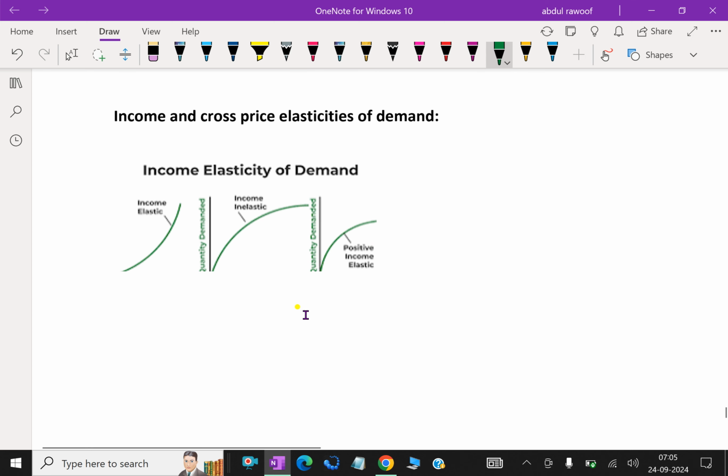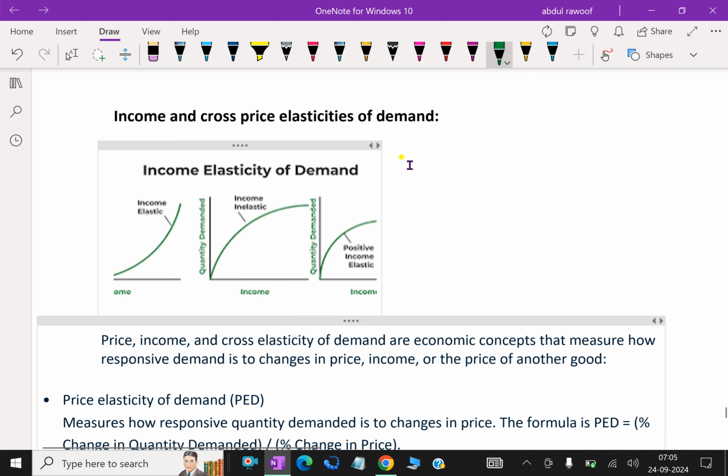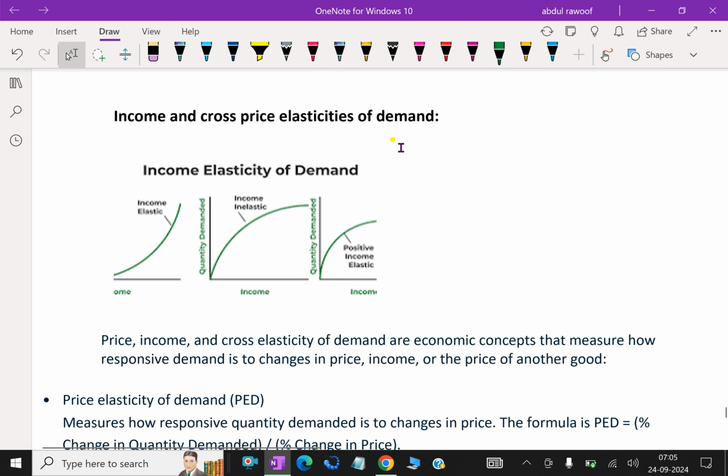Next one, income and cross price elasticities of demand. What does it mean? Income elasticity of demand, sigma y, measures the percentage change in the demand for a good resulting from a small percentage change in income, when all other variables are held constant.